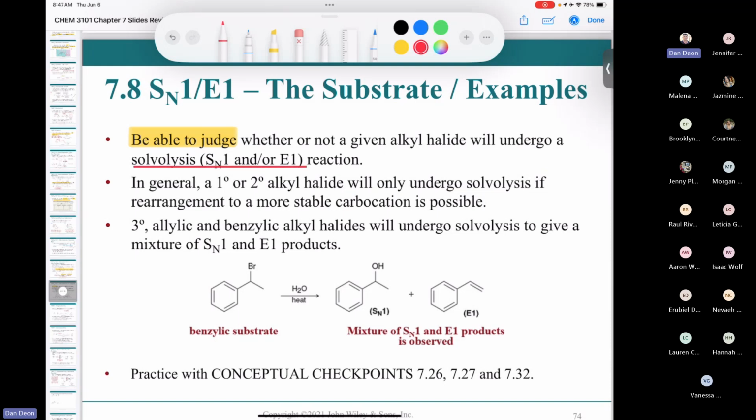That's all solvolysis means, nothing more than that. In general, for primary and secondary alkyl halides, SN1 and E1 are not going to happen unless the carbocation can rearrange to something more stable at the same time as the leaving group is leaving. The example that we looked at for that was the neopentyl bromide. We did look at one exception there.